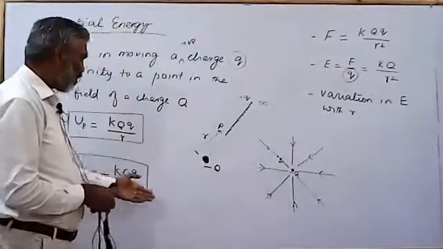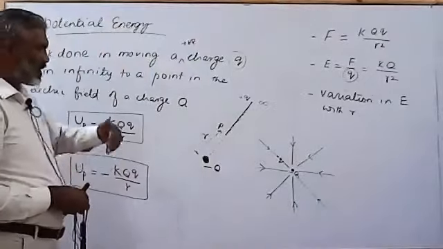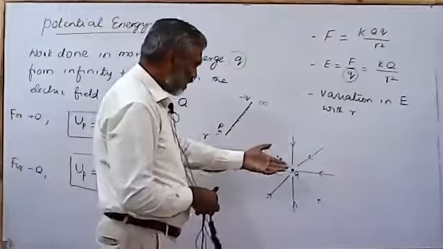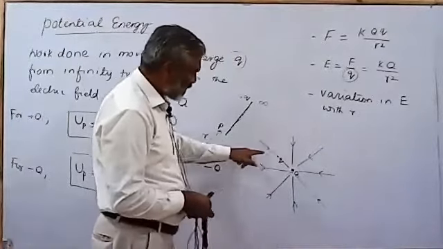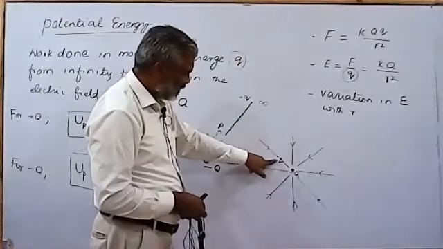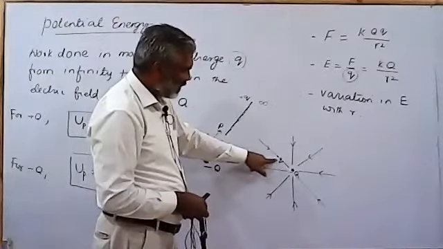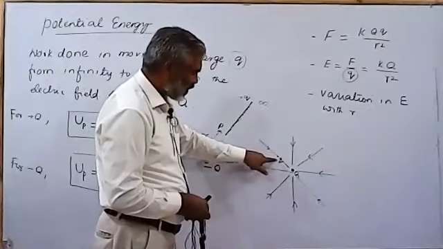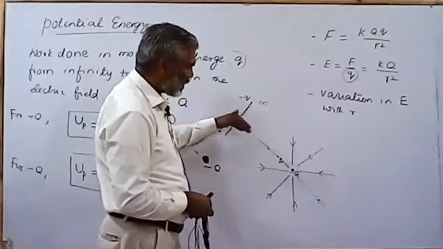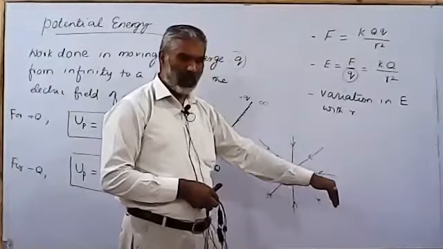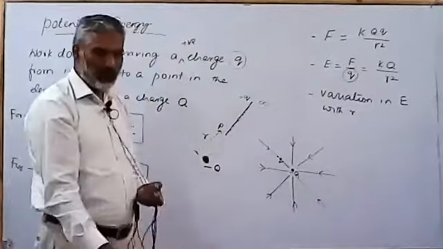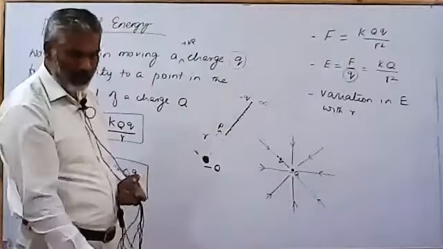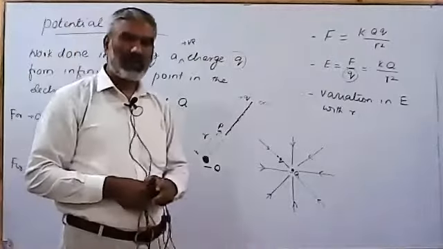What happens to the potential energy now? This is opposite to what we have discussed already. Now you can see that this positive charge, if I leave this charge on its own, being positive charge, it rushes toward the negative charge. And that is just like a mass falling towards the ground, and as a result, its potential energy decreases.